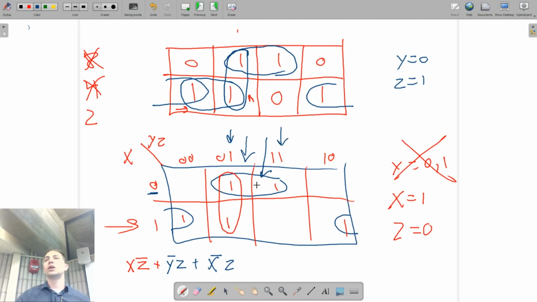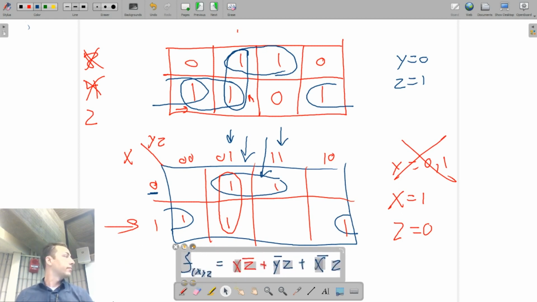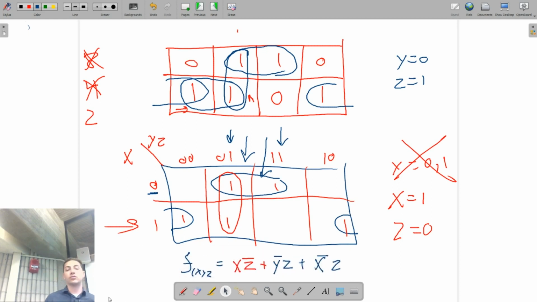So since both of these cells are in that row, we know that it's X not. And Z, because in this column and this column, Z is 1. And that's it. So our function of X, Y, and Z is equal to X Z bar, Y bar Z, or X bar Z. This is a guaranteed, completely reduced sum of products form.